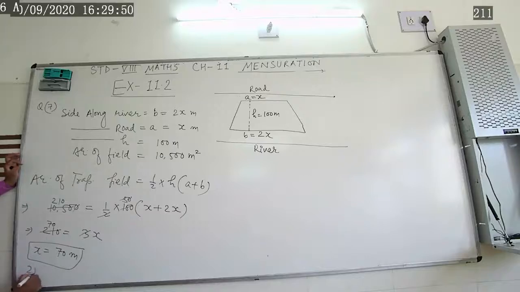So 2x will be 2 into 70 is equal to 140 meters. So these are the two values: the side parallel to the road as well as parallel to the river. One side is 70 and the other side is twice of that, 70 into 2, 140. So this question is an 8 number question.